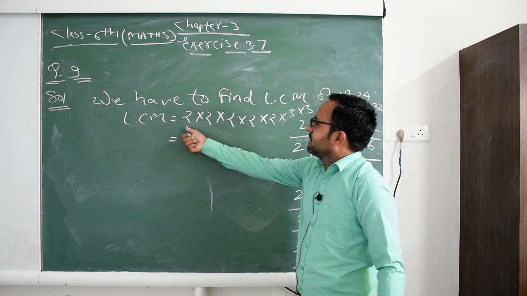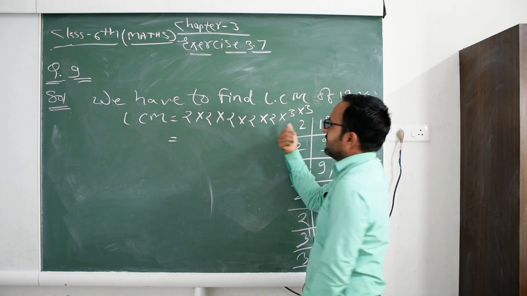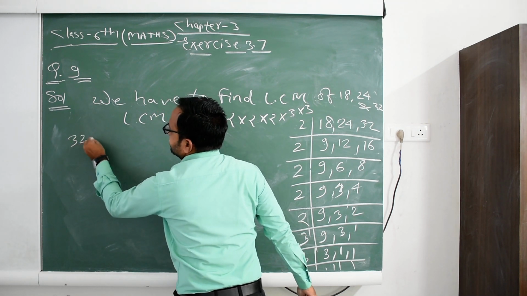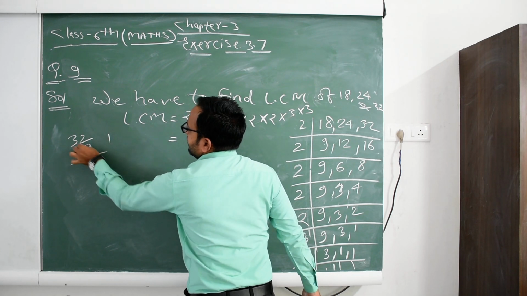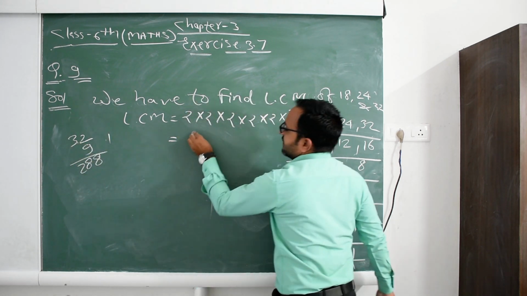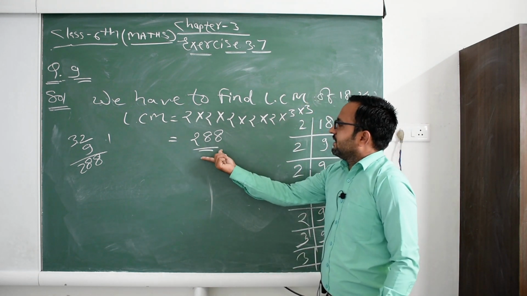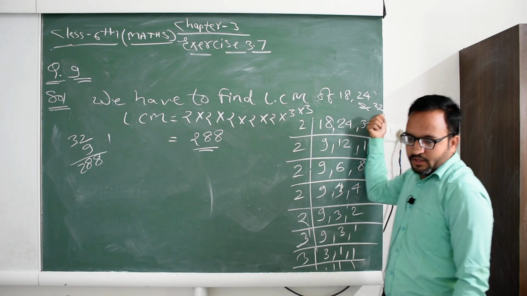Okay, so 2 2s are 4, 4 2s are 8, 8 2s are 16, 16 2s are 32, 32 into 3 3s is 9, 32 into 9 is 288. So 288 is divisible by 18, 24 and 32.